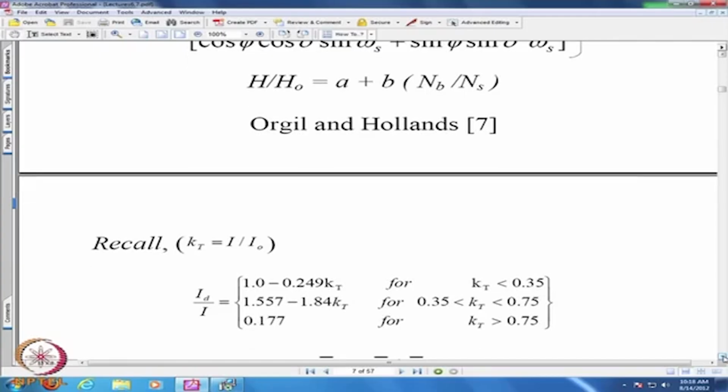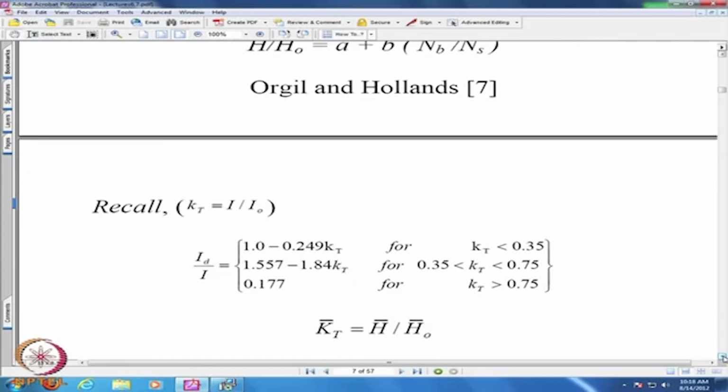First of the correlations is due to Orgill and Hollands, which expresses diffuse radiation to the global radiation as a function of the clearness index, and you may recall that clearness index is nothing but the radiation that is received on the earth's surface divided by the extraterrestrial radiation I0.